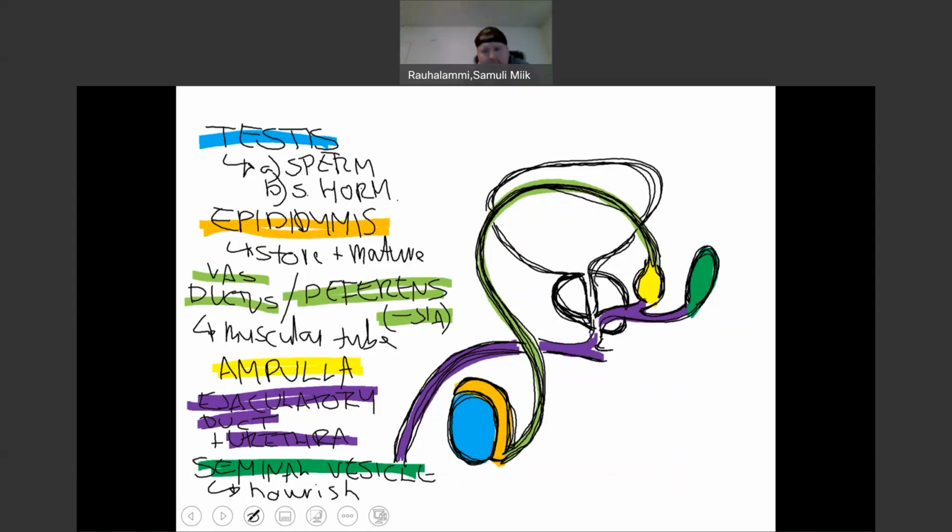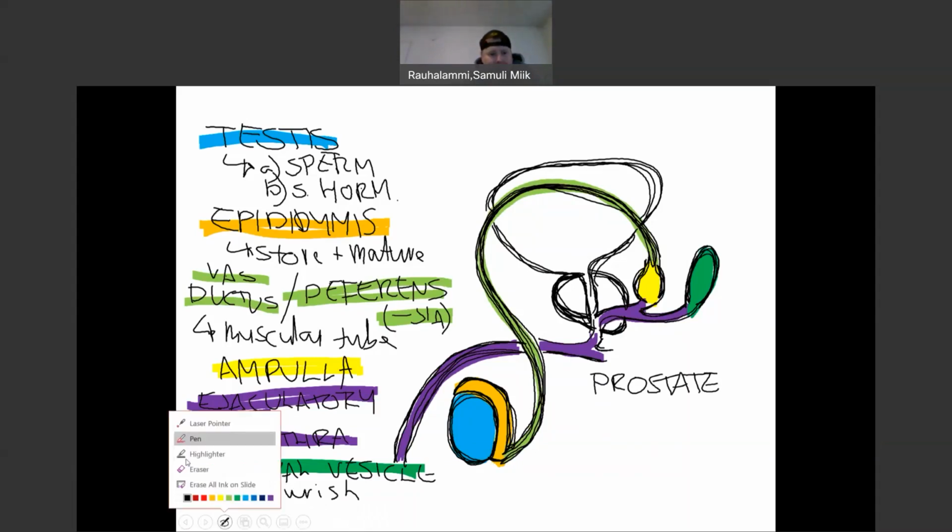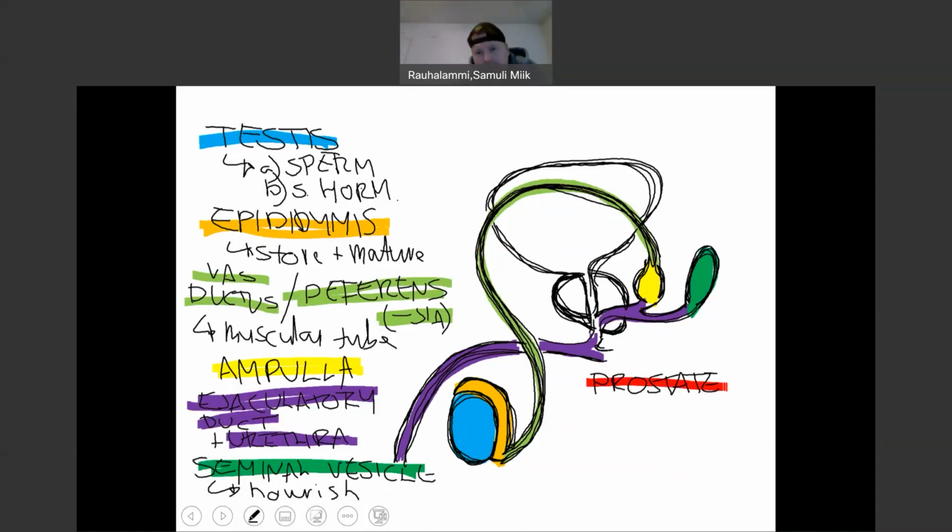And this gland is, of course, going to be our prostate gland. And what we want to notice with the prostate gland is a few different things. Let's just highlight it on our diagram to make it more visible.